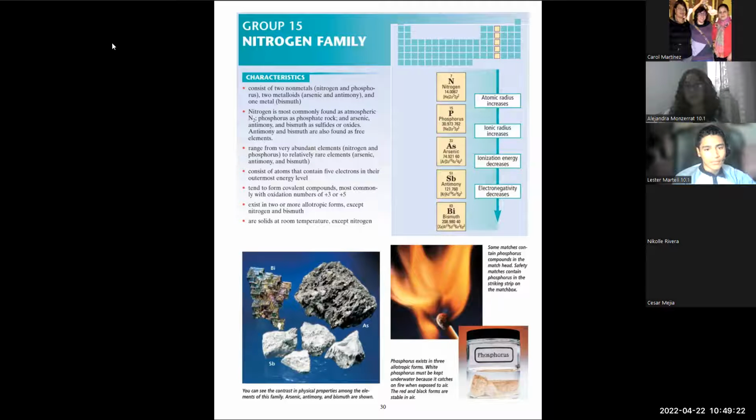We're going to have two nonmetals that are going to be nitrogen and phosphorus. Okay? Two metalloids that are going to be arsenic and antimony. And one metal that is bismuth. I really like bismuth a lot.